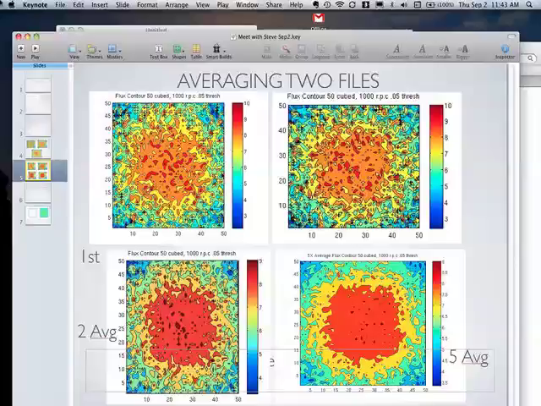So what we're looking at is first, second, average of 2, and then I didn't show all 5 independent runs, but the average of 5.